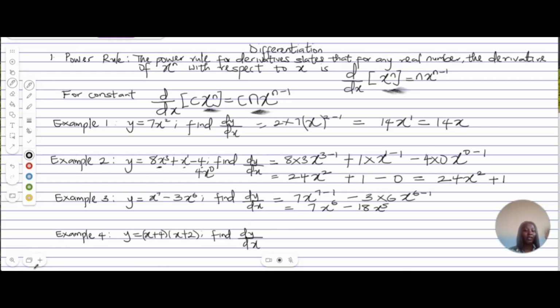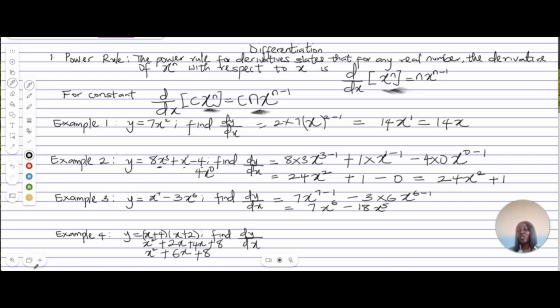So if I'm to multiply this out now, I believe you know how to expand a bracket already. x by x is what? x squared, right? x by 2 is what? Plus 2x. 4 by x is what? Plus 4x. 4 by 2 is what? Plus 8. So I have x squared plus 6x, then plus 8. This is the expansion of this bracket.